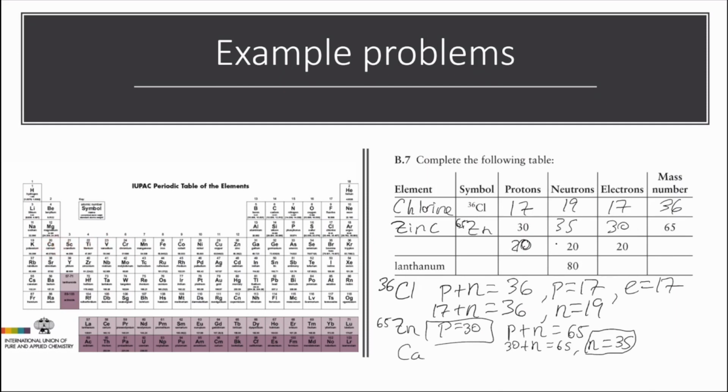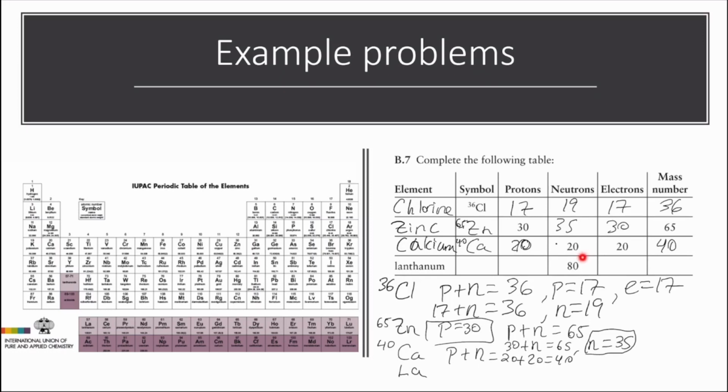So calcium, and we see that the number of protons plus neutrons equals 20 plus 20, 40. So this is calcium 40. So this belongs to calcium. And then the atomic weight is 40. Protons plus neutrons.